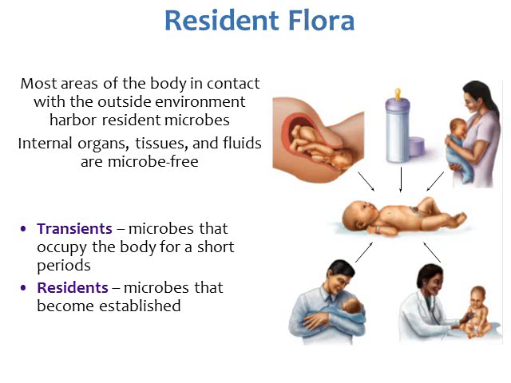And we pick up our resident flora during birth, so inside of the womb, the baby is actually sterile, and it picks up resident flora as it's coming out, so as it's being birthed. And then when people hold the baby, when they go and interact with other people, they pick up different flora from their environment. So that's how these flora get established.